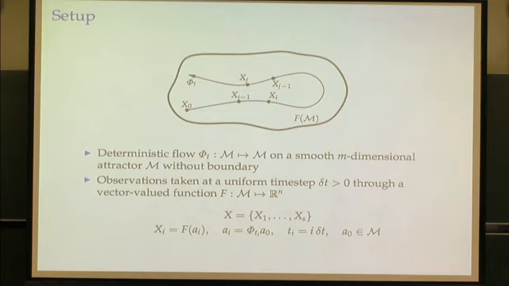We have a deterministic flow operating on an attractor, and we take observations at a time step delta t, and these observations are through a vector valued function which takes a point on this manifold to a Euclidean space, to a vector space.